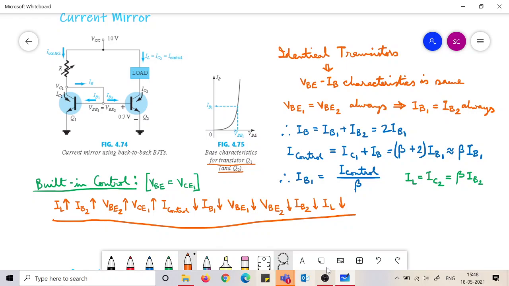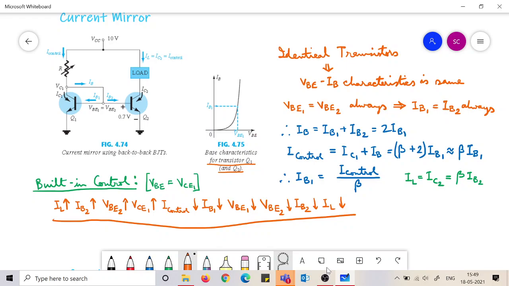So all these things happen at the same time, which means that you will not even notice, or you may notice a very slight change in IL, and it will again come to whatever load current had been fixed. And the load current is getting fixed by the control current. Remember this.